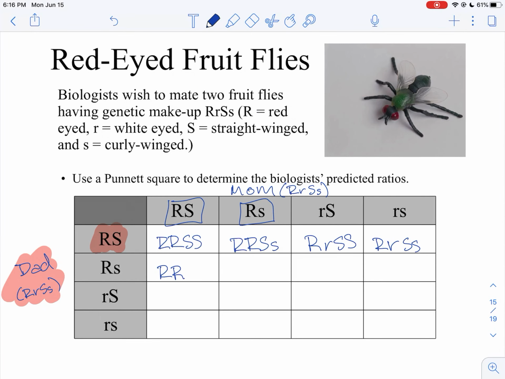I have to fill this in really quick, but you guys can fill this in too.